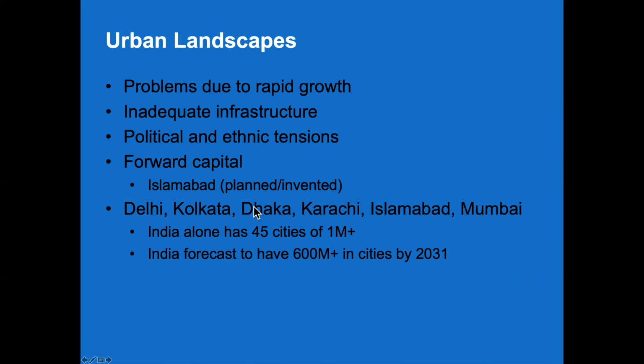Cities like Delhi, Kolkata, Dhaka, Karachi, Islamabad, Mumbai, India alone has 45 cities of 1 million or more. Just India. And again, India is forecast to have 600 million of its 1.3 billion in cities by the next decade. That's not that far away.